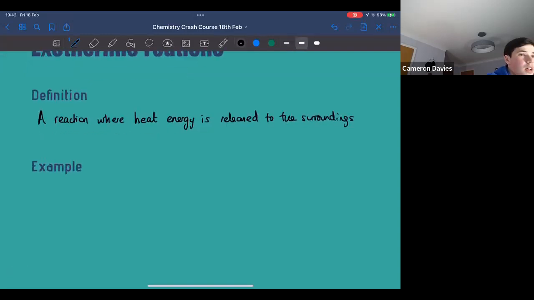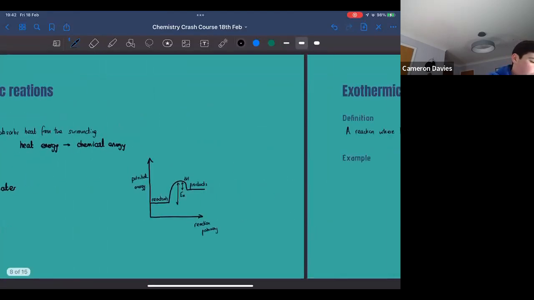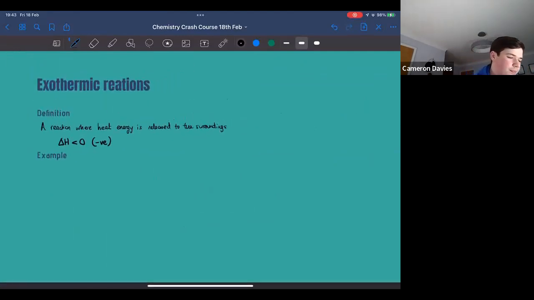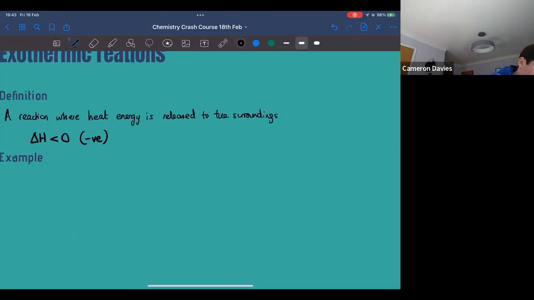So totally opposite from this one, delta H is going to be less than 0. So our enthalpy change is negative in this case. And we are having an energy change from chemical energy to heat energy.